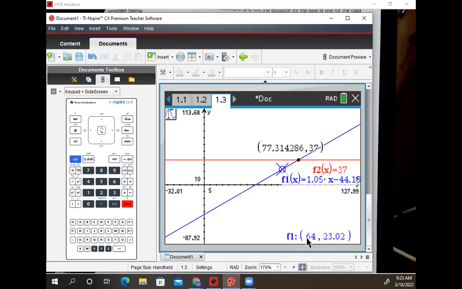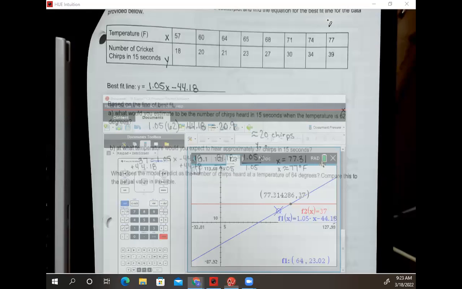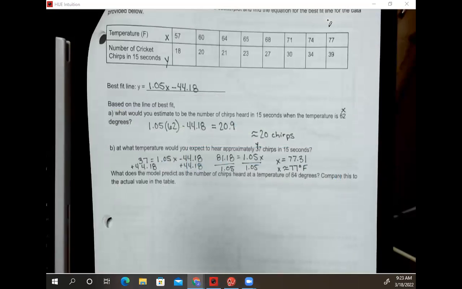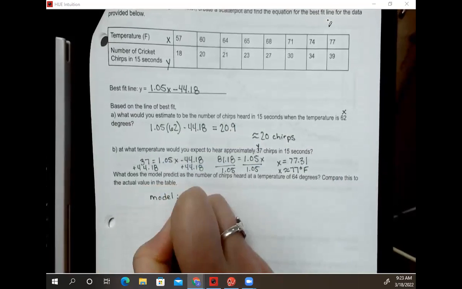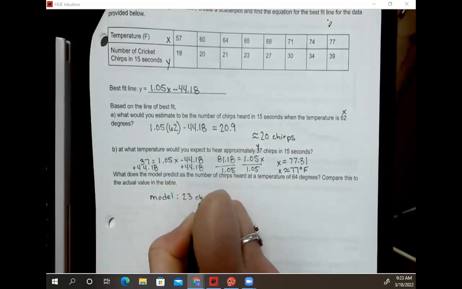That would be right here. So it's 64 degrees, 23 chirps. Put that down and then come back over to my paper here. So according to my model, at 64 degrees, I would have about 23 chirps.